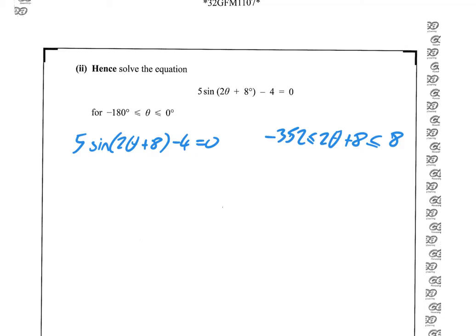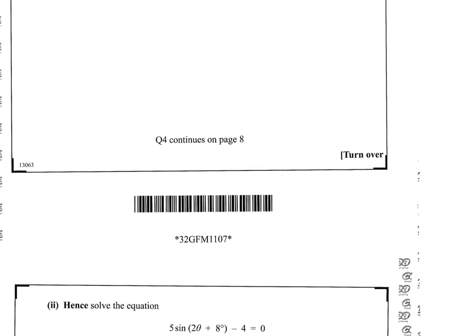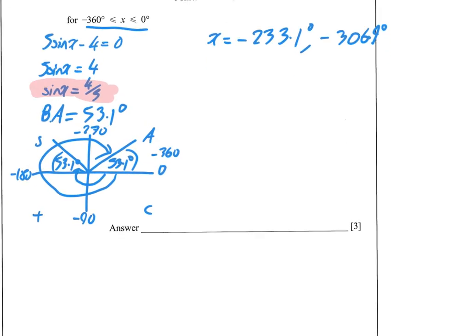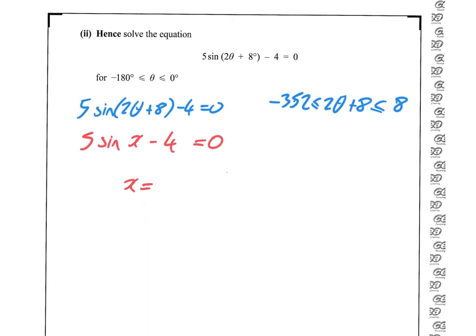So if you remember back to what we have just done, in the previous example we did 5 sine x minus 4 equals 0. And we solved it to find that our x was equal to minus 233.1, and the other one was minus 306.9.